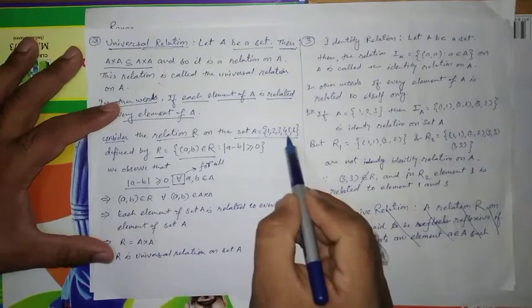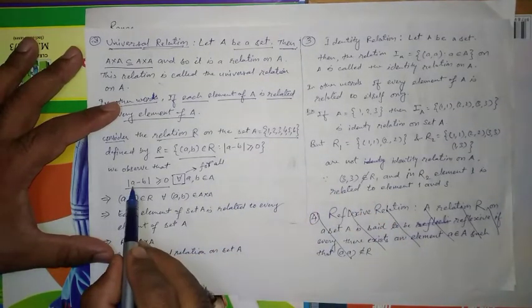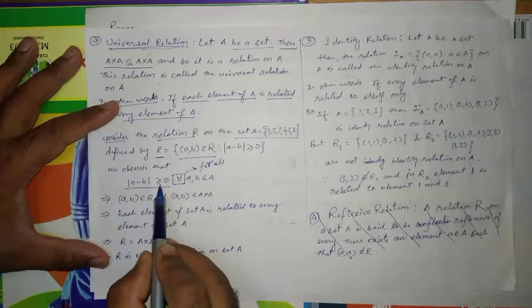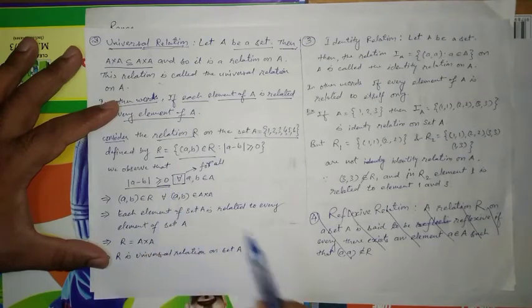If you consider any value in the place of a and b, you will get a value greater than or equal to 0 only.